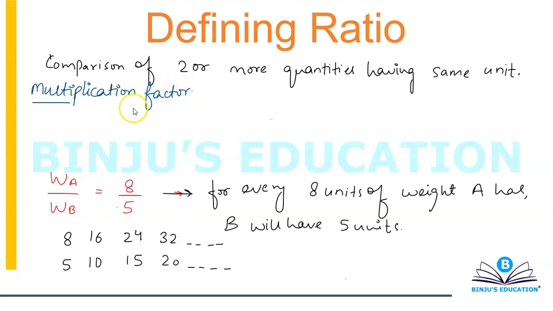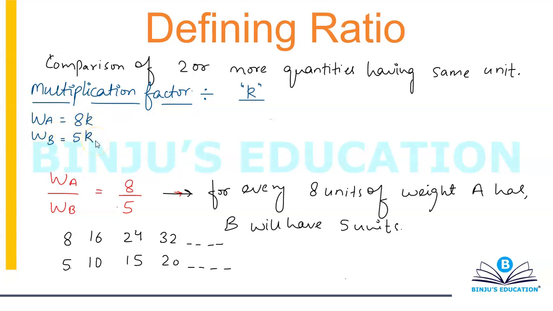If the ratio of weight of wrestler A to weight of wrestler B is 8 is to 5, usually we take the multiplication factor to be K, but you can take it to be A, B, C, D, whichever alphabet you like. Then I can say that weight of wrestler A will be equal to 8K and weight of wrestler B will be equal to 5K. Now what is K?